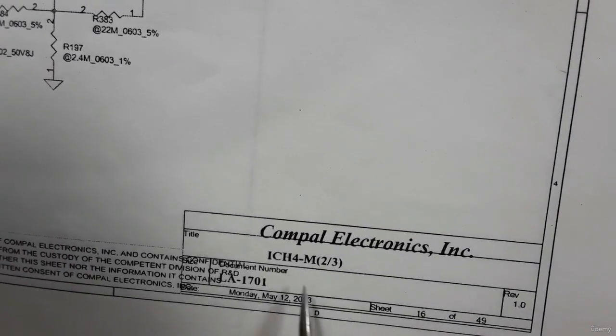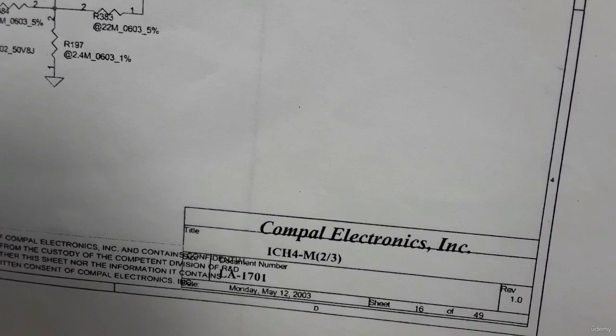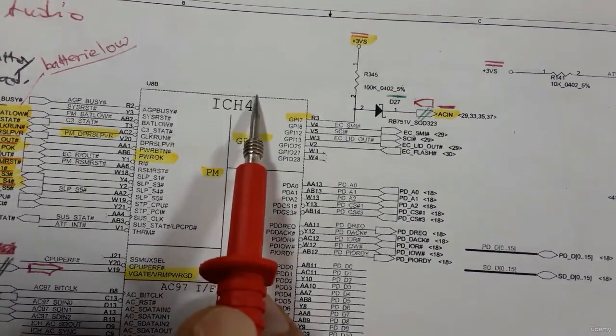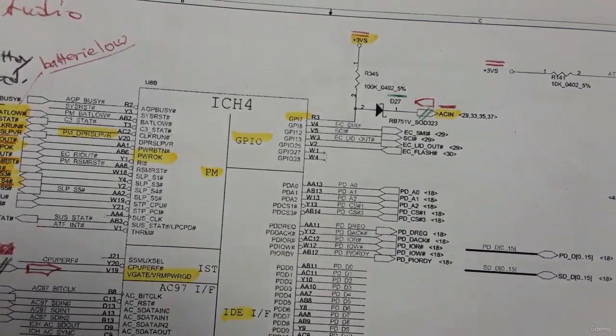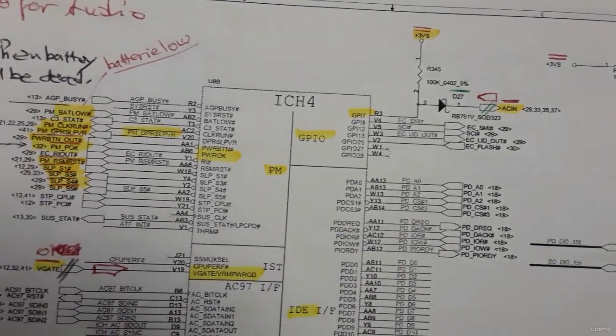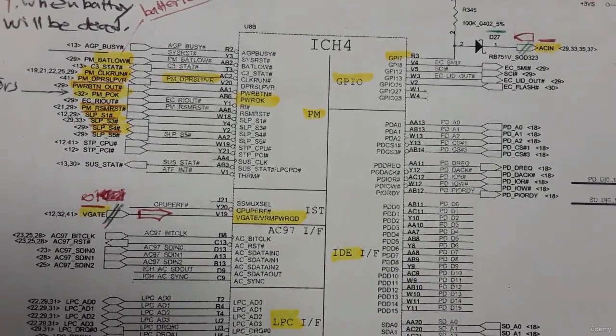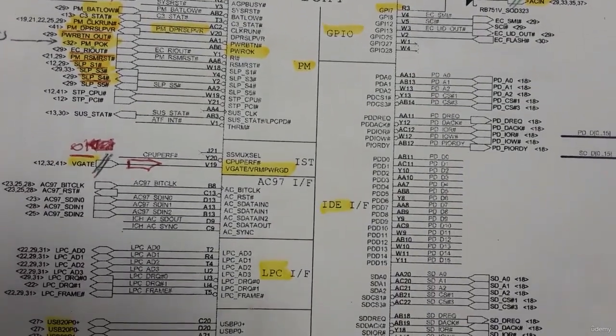We have here the ICH, the south bridge. This is the ICH 4, meaning part number 4. So let's look for the signals that we have seen in the previous page.